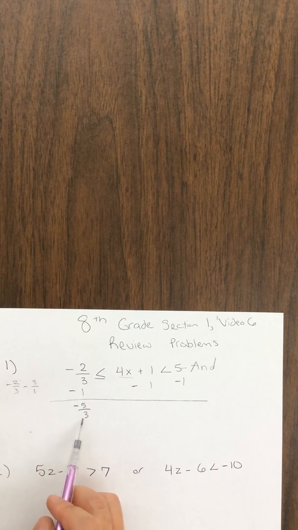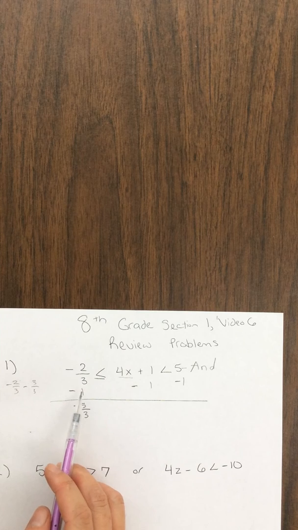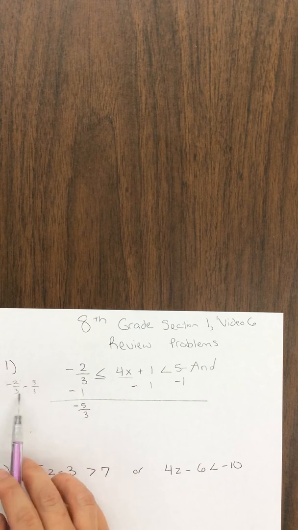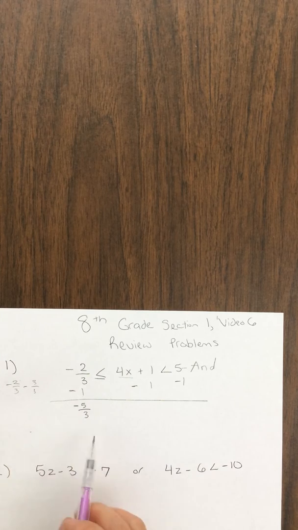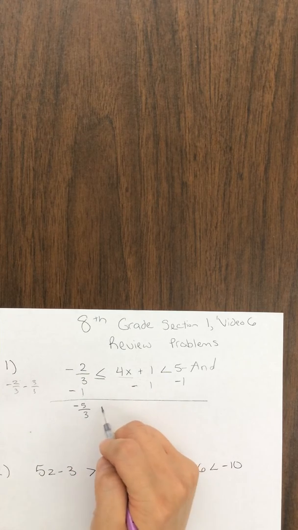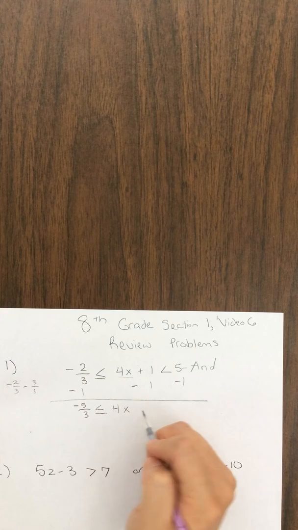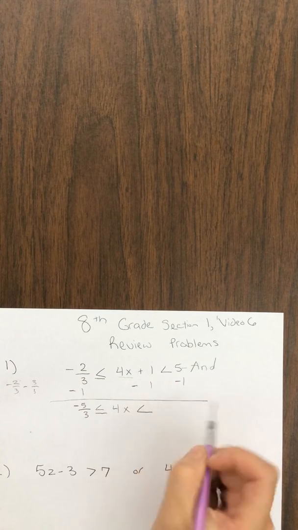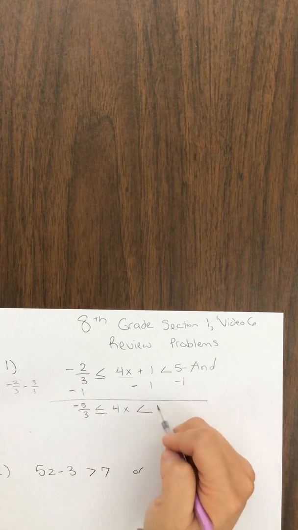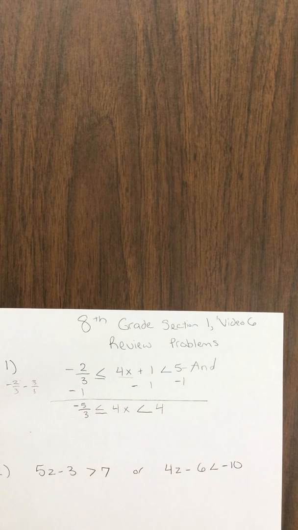That's how I got my 5/3. I just made the 1 a fraction and then found my common denominator. So negative 5/3 is less than or equal to 4x, which is less than 5 minus 1, which is 4. So that's what I have so far.